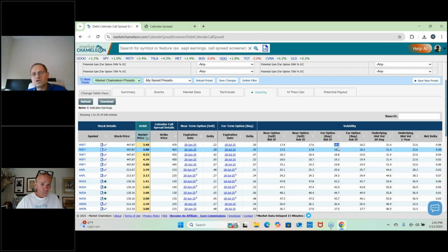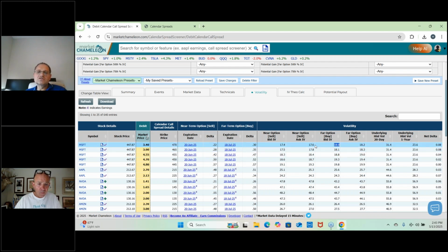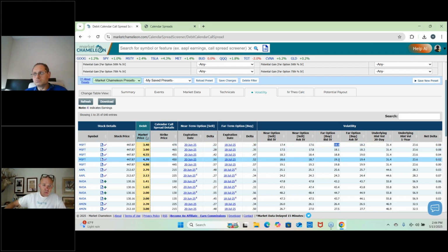But what if it doesn't? What if these actually start going up? So the ones you're short go to, say, 25, and then the ones you're long fall to 15. That's not good for you, because the implied volatility is going down in the options you're long, so those options are decreasing in value.